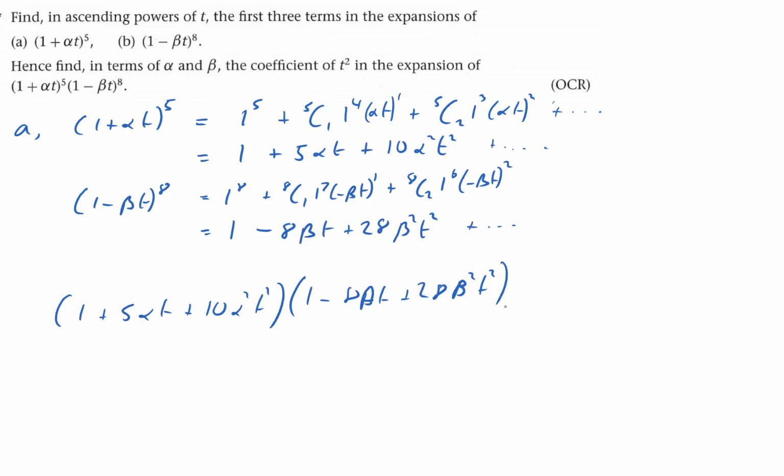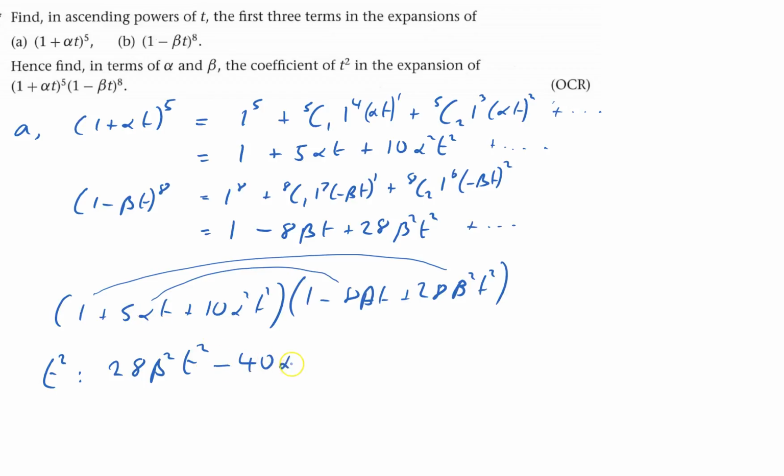So for t squared, how can I get that? Well, I can get the 1 times that, so I can get 28 beta squared t squared, or I could get the t term times the t term, so it's going to be a minus 5 times 8, 40 alpha beta t squared, and the final way is this bit here, which is plus 10 alpha squared t squared.